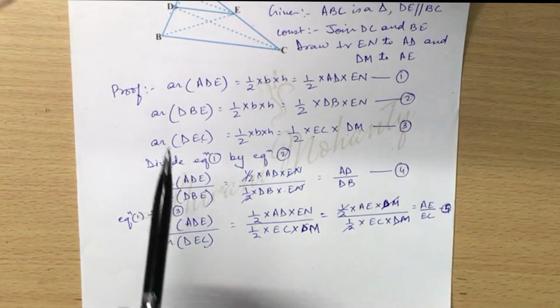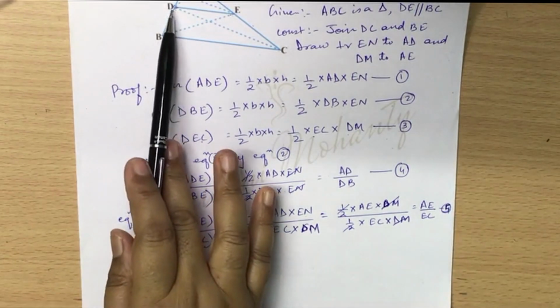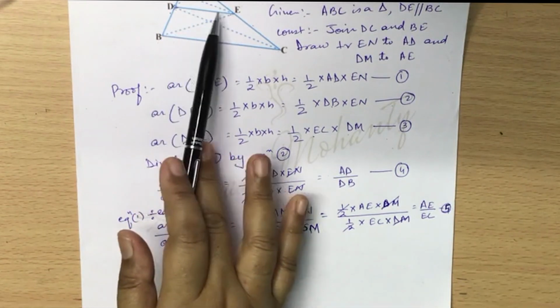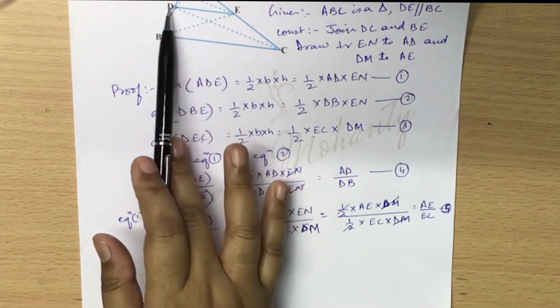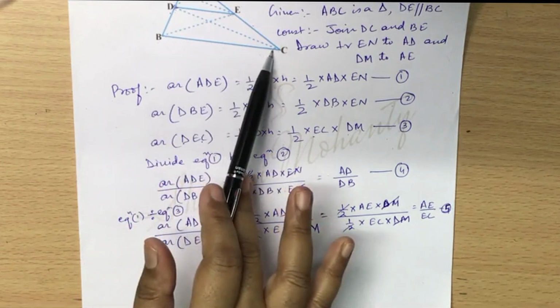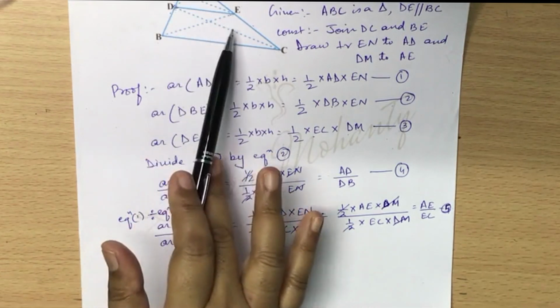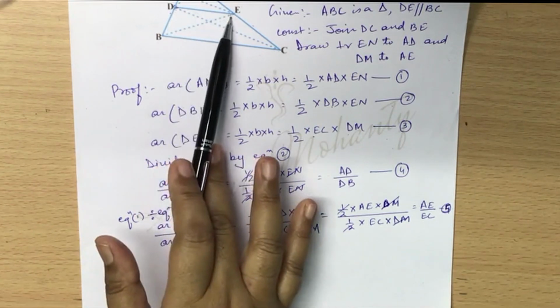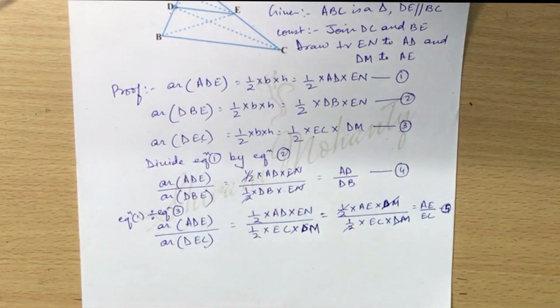Now what can you say about these two triangles, DEB and DEC? These two are parallel lines, and you already know that triangles between two parallel lines and having the same base have equal area.